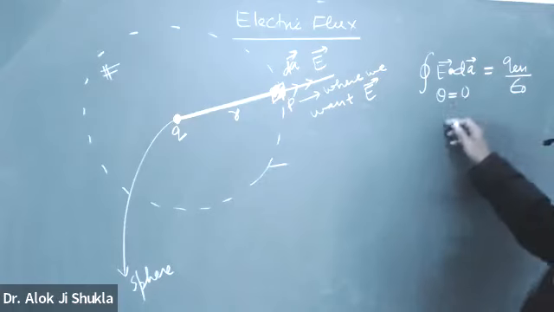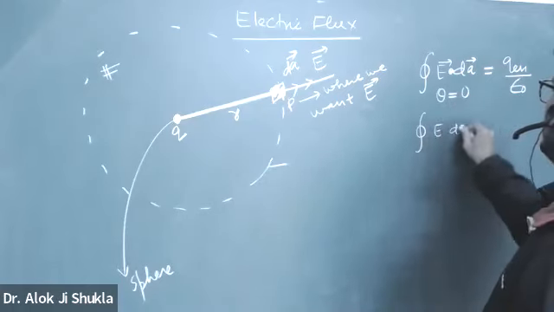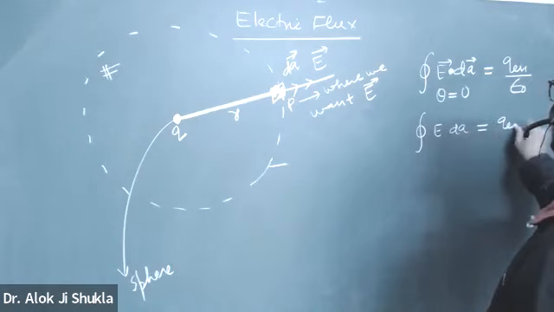So that's why सबसे बड़ी बात है, बहुत ध्यान से देखना, E into dA is equal to Q enclosed over epsilon naught.